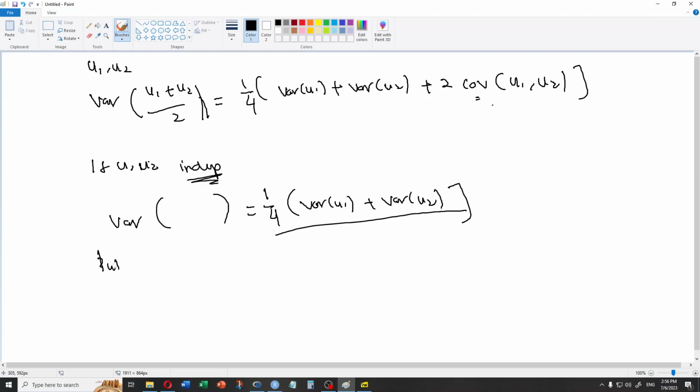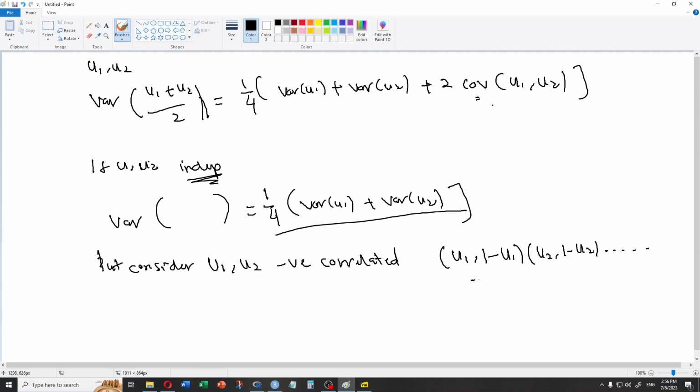But consider if u1 and u2 are negatively correlated, like in the case that we proposed just now, where u1 is paired with 1 minus u1, and u2 with 1 minus u2, and so on. Can you imagine what is going to happen to the covariance part? Since the relationship is negative, it will result in a negative value.